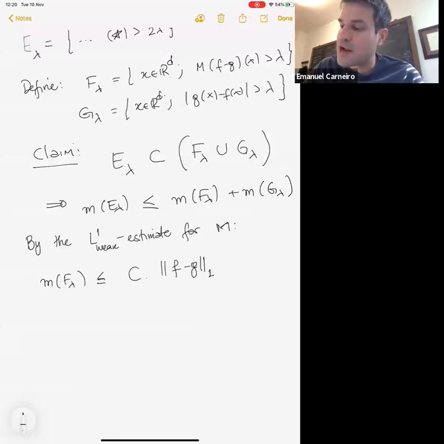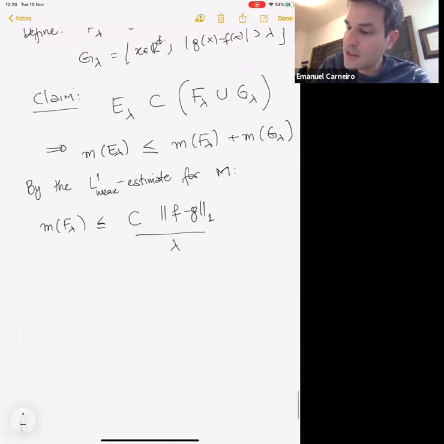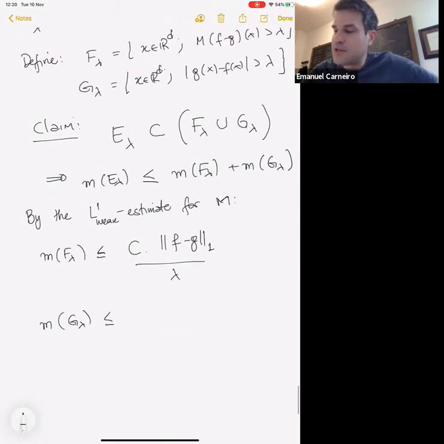The function here is f minus g over lambda. And G lambda is a set where a certain function is bigger than lambda. You can use Chebyshev's inequality here. So this is less than or equal to the L1 norm of this function, which is f minus g over lambda.